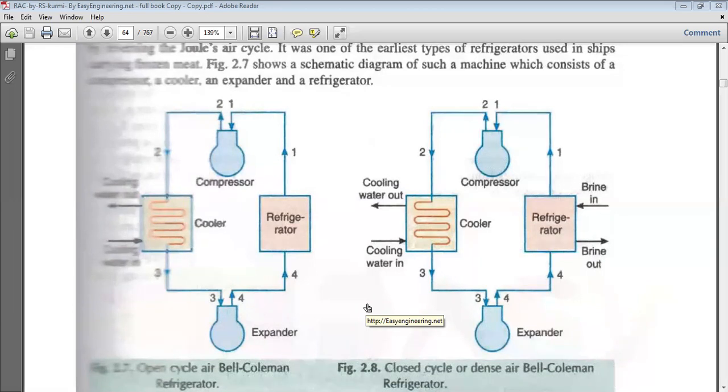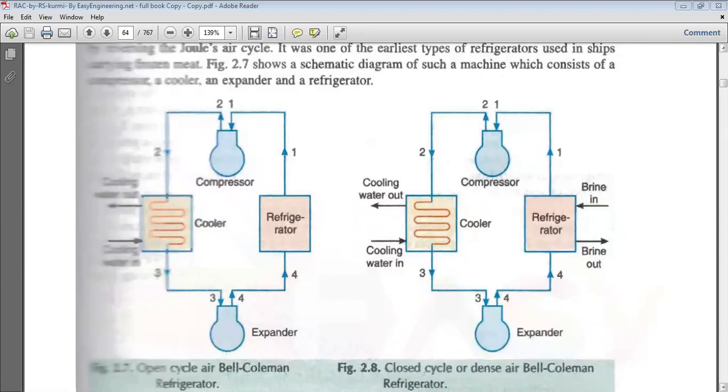Another is the refrigerator or heat absorber, another heat exchanger where heat is absorbed from the product. That is where the cooling effect is produced, so we can call it a refrigerator. Therefore, it consists of four components: compressor, cooler or heat exchanger, expander, and refrigerator or heat exchanger.